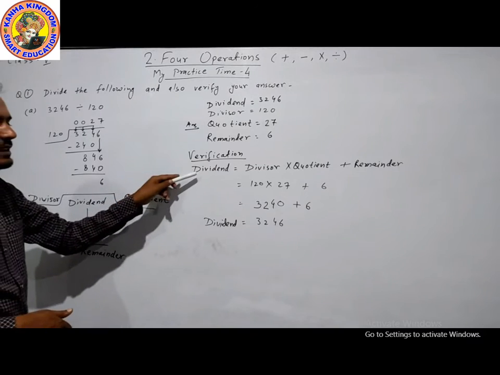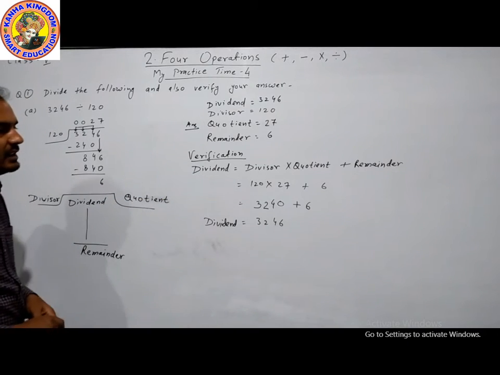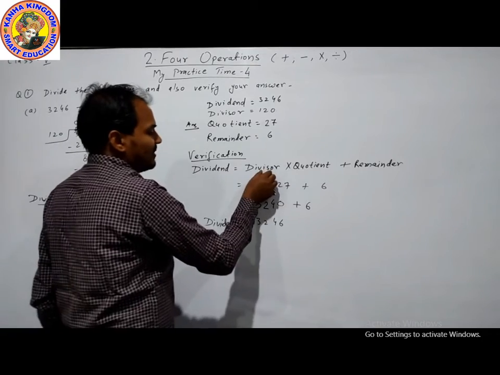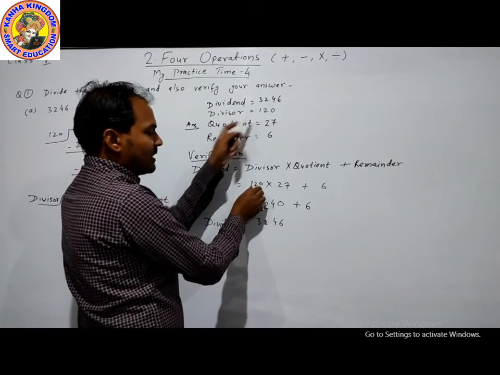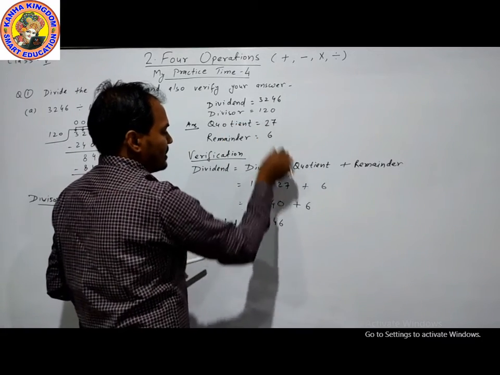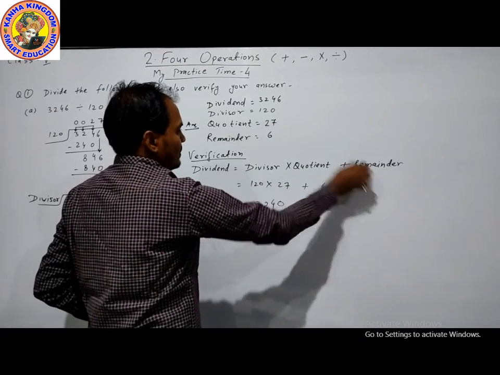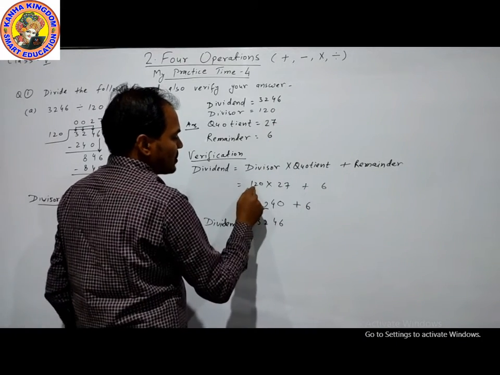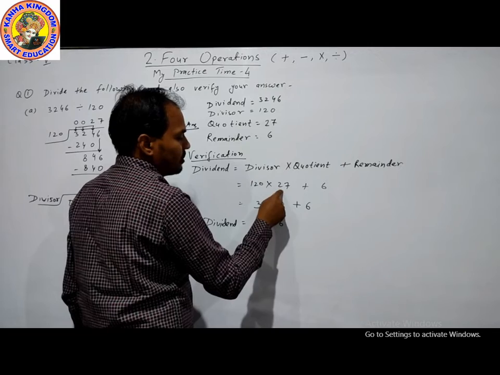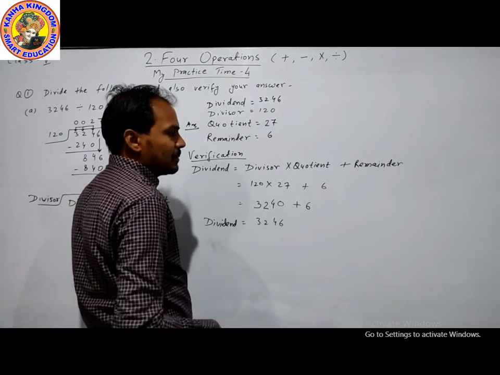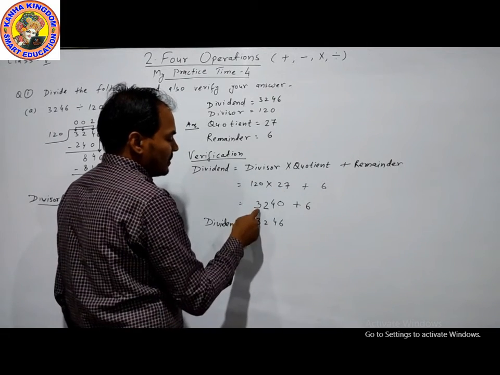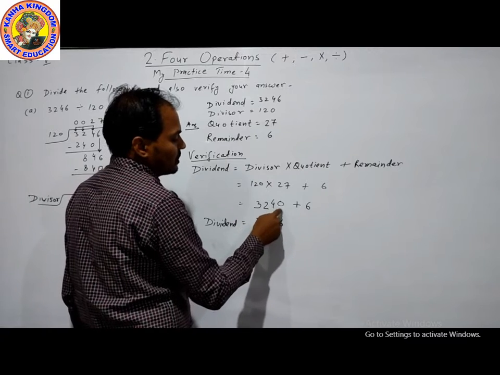This is the formula for verification. In this formula we place the values: divisor is 120, quotient is 27, plus remainder is 6. First of all, 120 into 27, you can multiply in your rough copy. The answer is 3240.